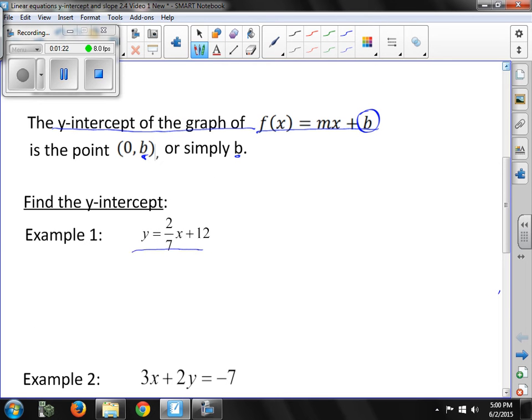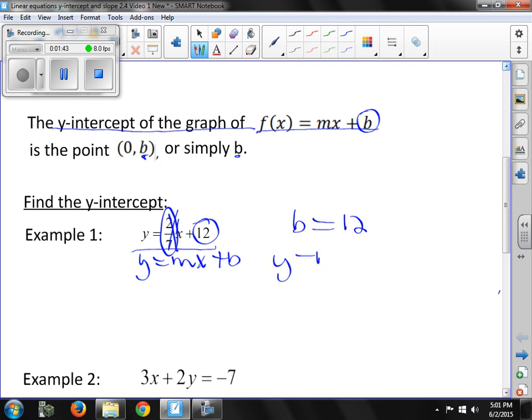Since this is already solved for y, in other words it looks like y equals mx plus b, the number hanging out on the end is the b. In other words, b is 12 here, and as an ordered pair, the y-intercept is x is 0, y is 12.